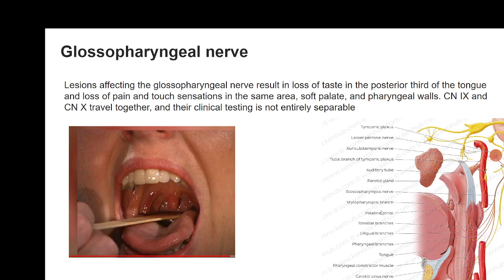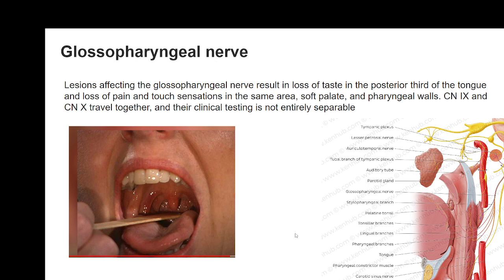These are also considered coordination tests, which help in assessing the complex coordination of different muscles. Then comes the glossopharyngeal nerve. The glossopharyngeal nerve is mainly the sensory nerve of the posterior tongue, which receives the sensation of taste, and usually the patient will present with loss of sensation. It can be tested by touching the posterior surface of the tongue, maybe the soft palate also, for touch sensation, as well as whether the person can feel taste at the posterior area.